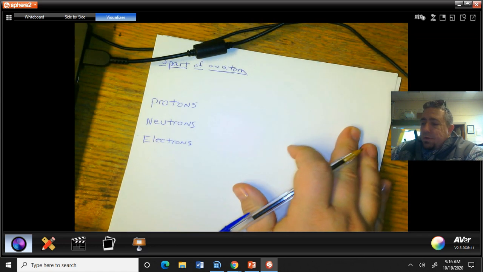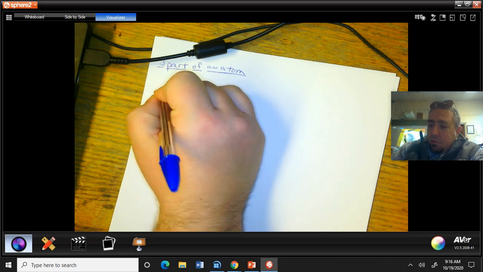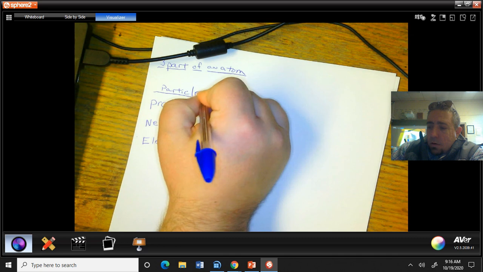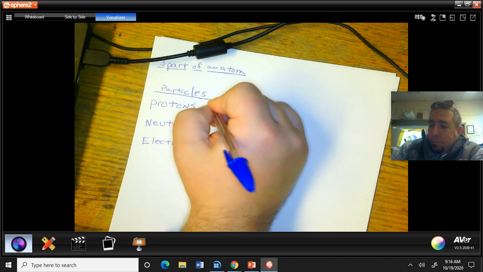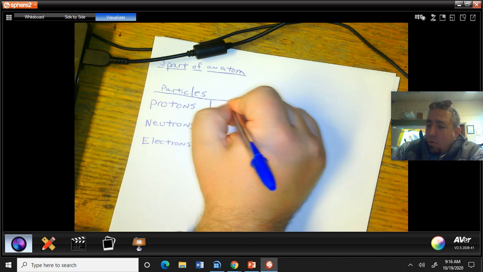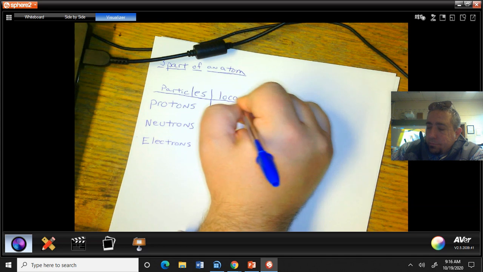Okay, so protons, neutrons, and electrons. These are the particles that make them up. And you need to know what their location is inside of an atom.